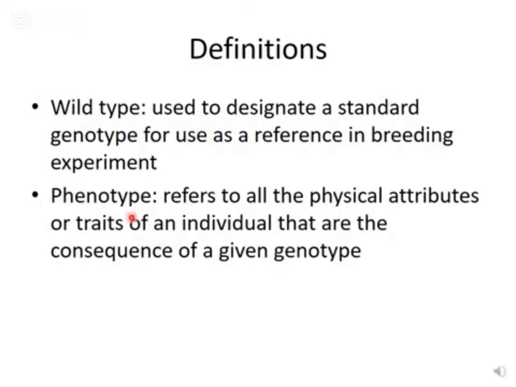A phenotype is the physical attributes or traits of an individual that are the consequence of a given genotype. So we know that we're carrying all these genes, and these genes manifest themselves into different traits in our behavior, in our bodies, in the way that we look. So the phenotype is how these genes represent themselves in actuality.